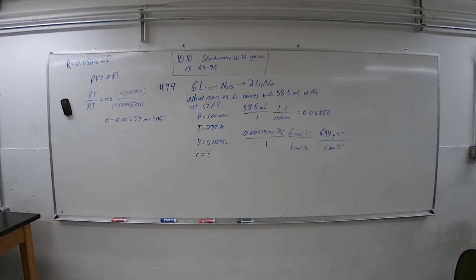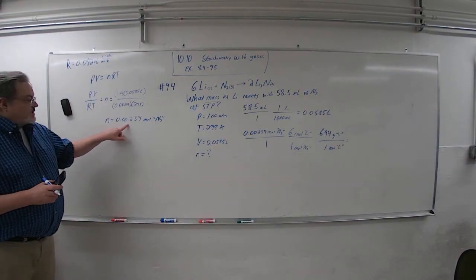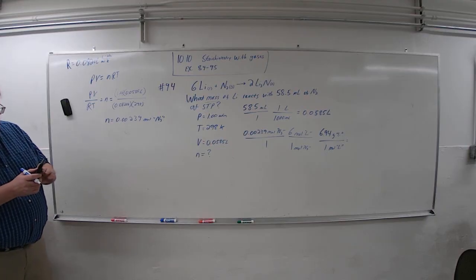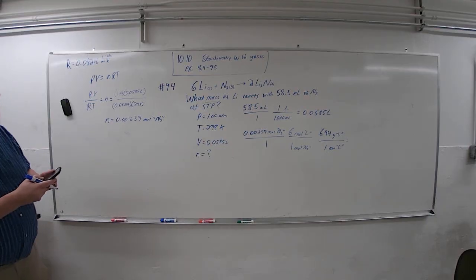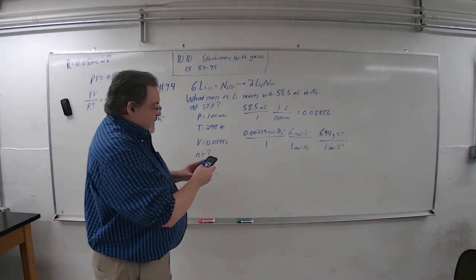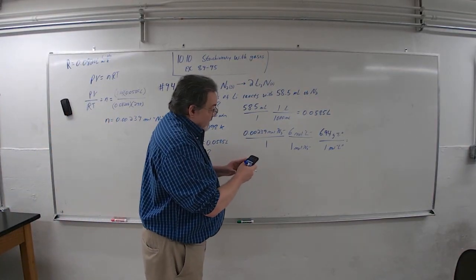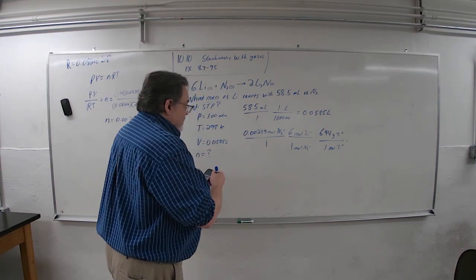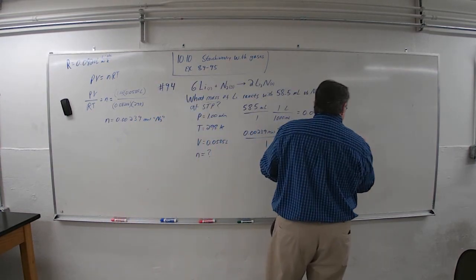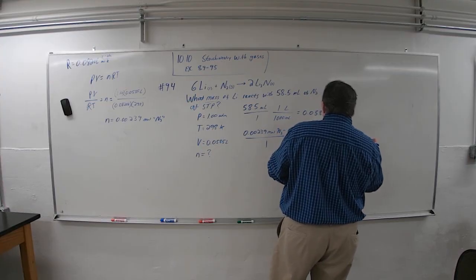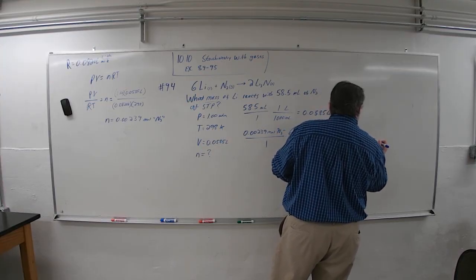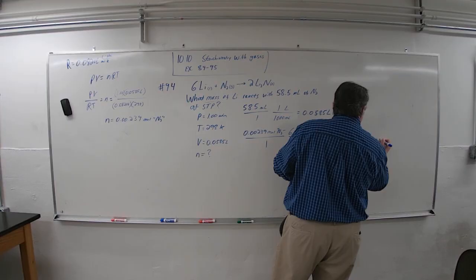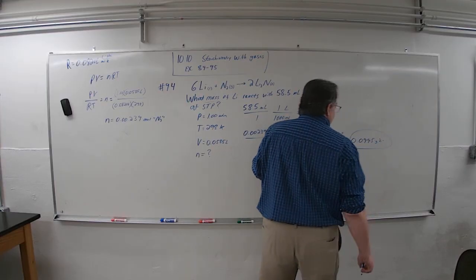That's right, there's 2 zeros. So that's 0.00239 times 6 times 6.94. So I get that many grams of lithium.